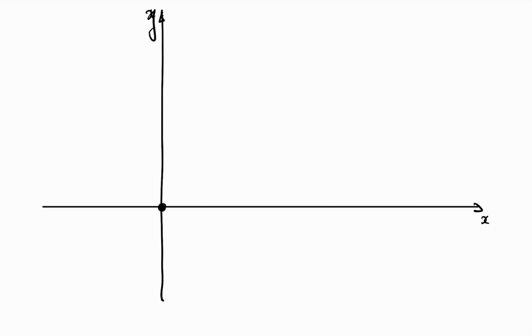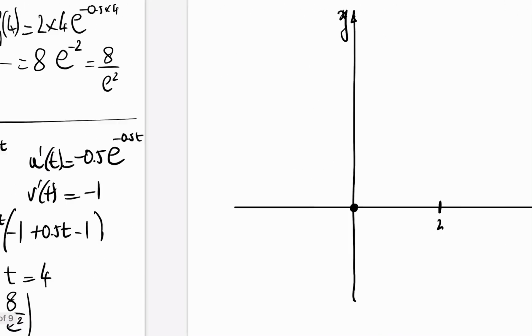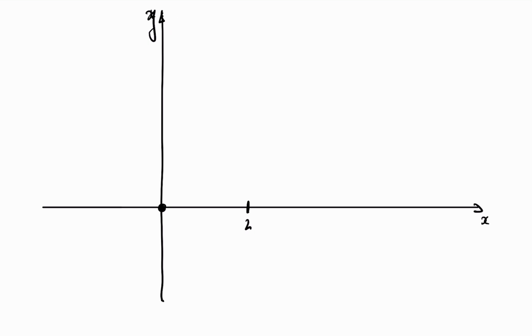And then we have a point here at t equals 2, where the maximum was at 4 over e. 4 divided by e is approximately 1.5. So it's around here. And here there is a tangent which is horizontal.